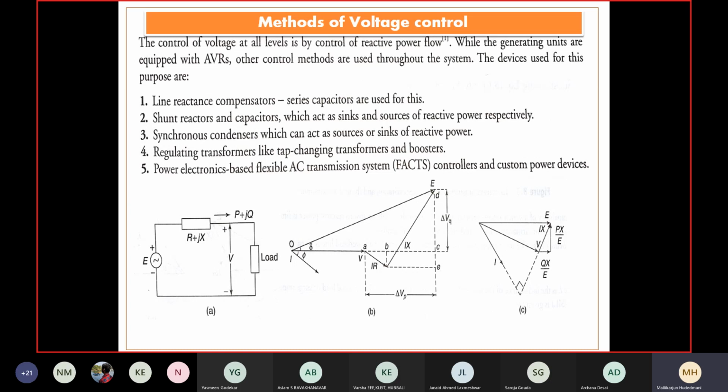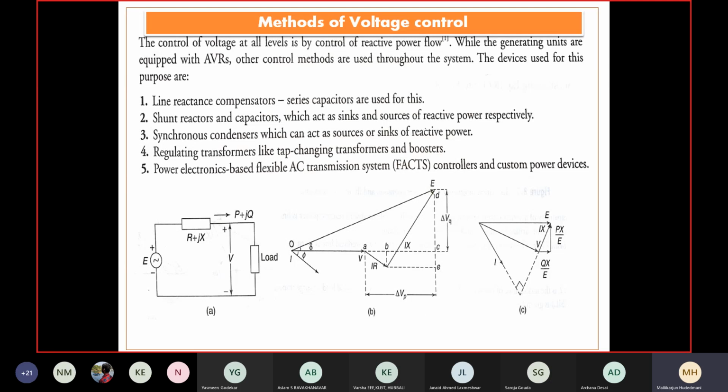Highly overcompensated systems are very dangerous. They affect the operation of the system itself. And how do you work it out? By hooking shunt reactors from the line to the ground. These reactors start absorbing the leading volt ampere available on the system to balance the requirement.